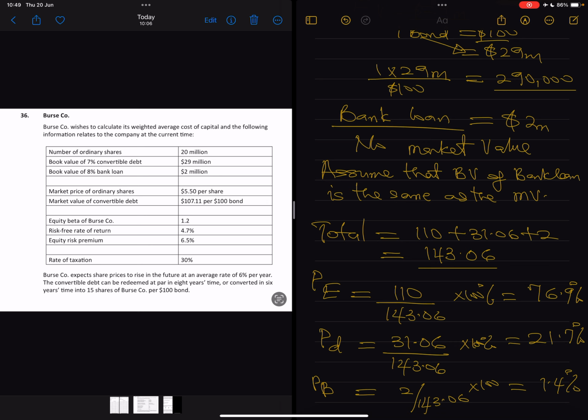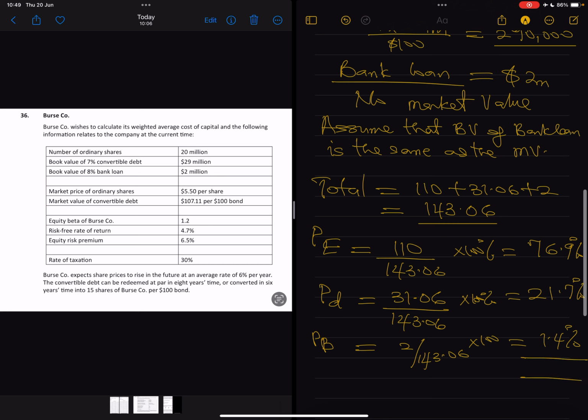And the way to check what you have done is to add everything together. It should give you 100%. So if I add 1.4 plus 21.7 plus 76.9, you can see this is exactly 100%, because all the capital proportions must give you 100%.